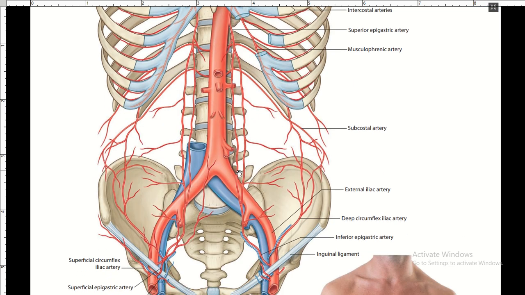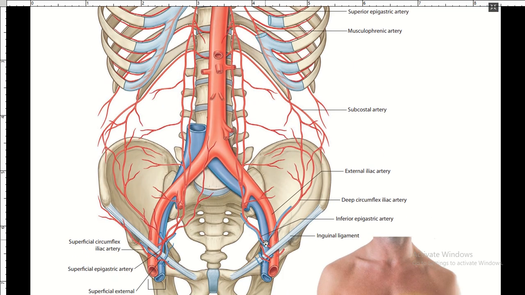It is the superior epigastric artery that will anastomose with the inferior epigastric artery, which is a branch of the external iliac artery. The external iliac artery also gives the deep circumflex iliac artery. It goes upward and supplies the lateral portion of your anterolateral abdominal wall as well.